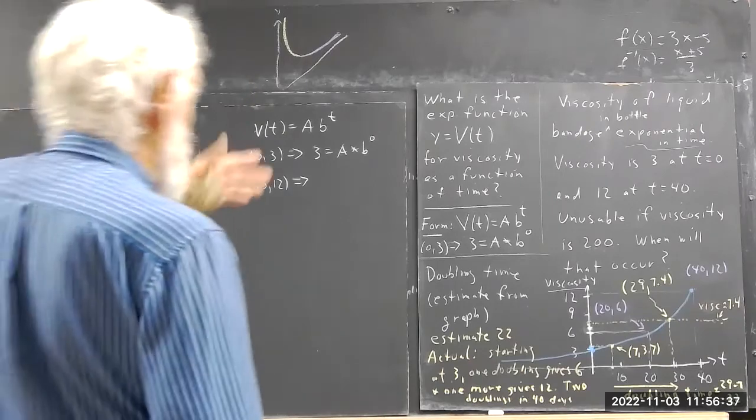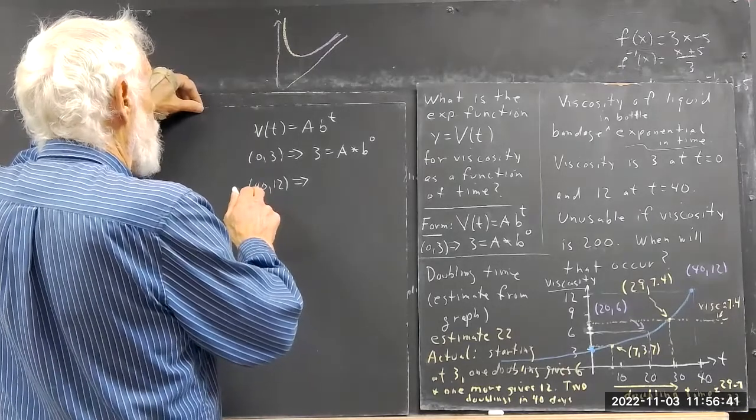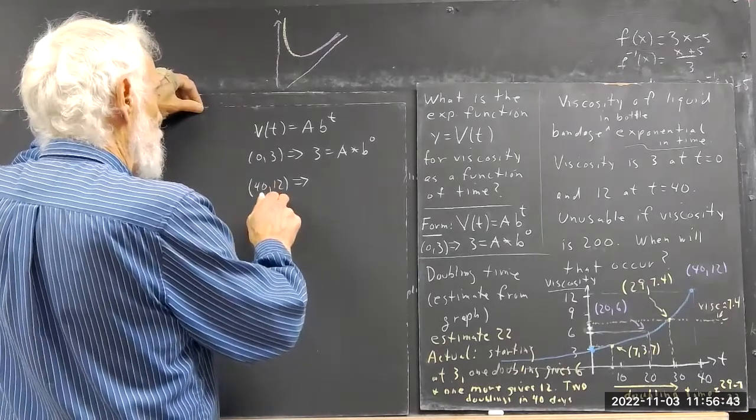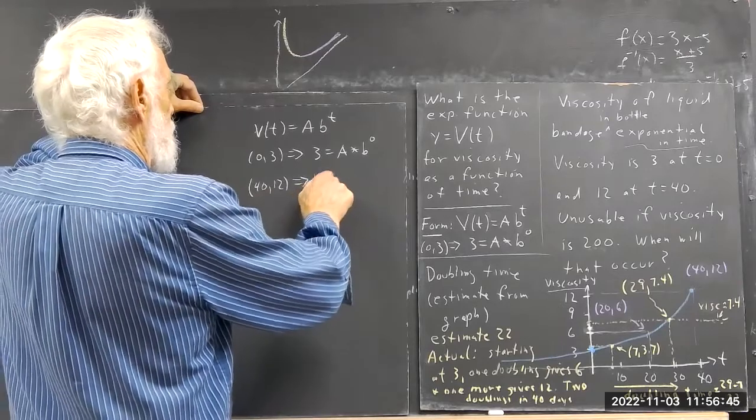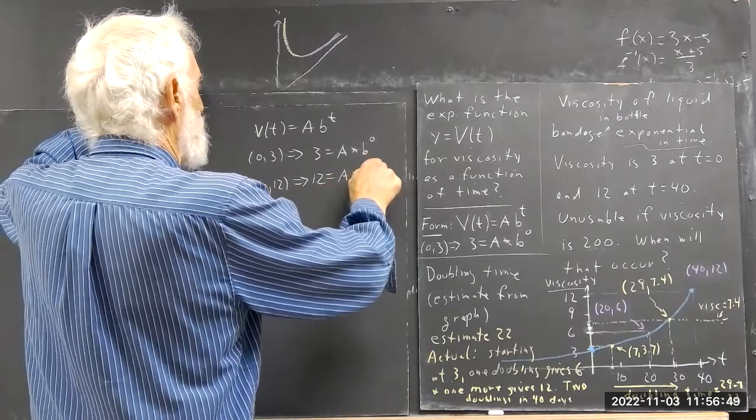Okay, so everybody got this almost immediately. V is 12 when t is 40. So we got 12 equals A times B to the 40th.